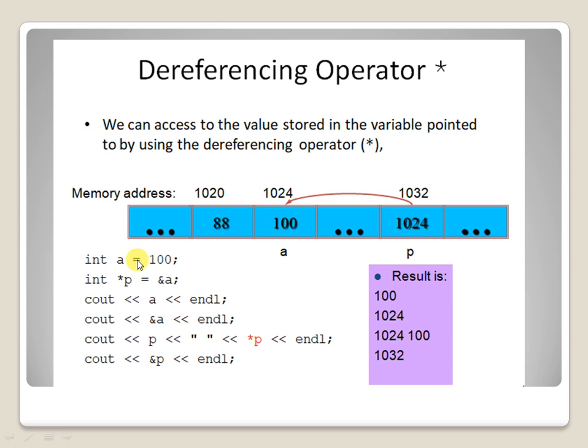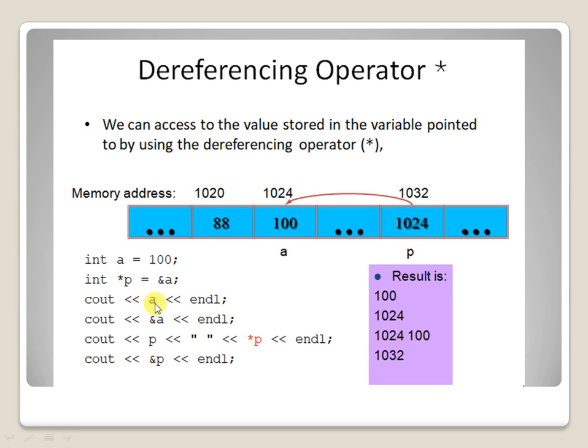If you see this example, a is having the value 100 and a is stored at 1024, right? P is an integer pointer, the notation is star p. It is initialized to ampersand of a, that means it is pointing to the variable a.